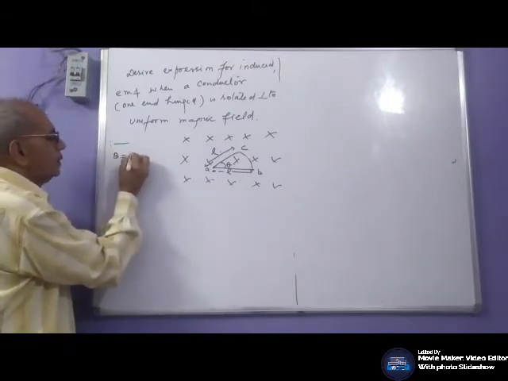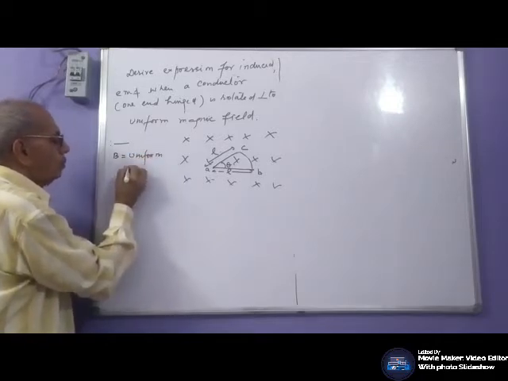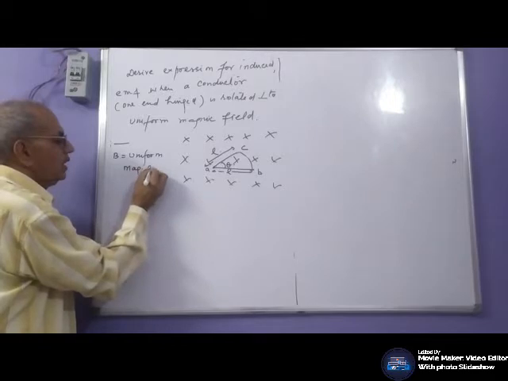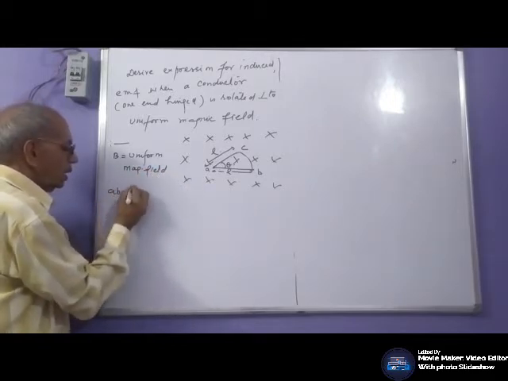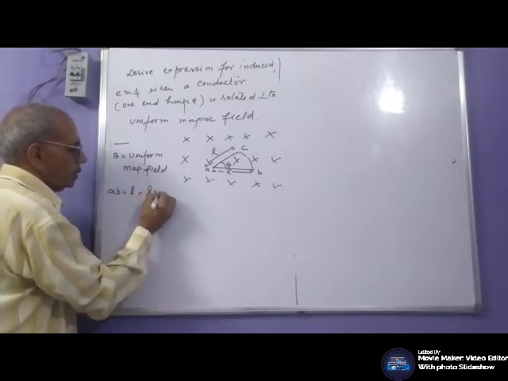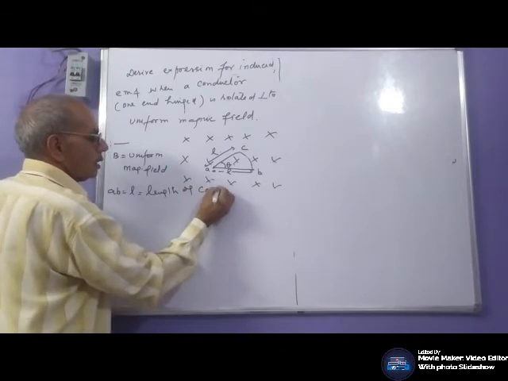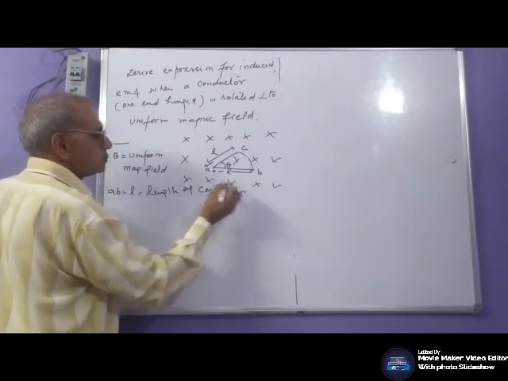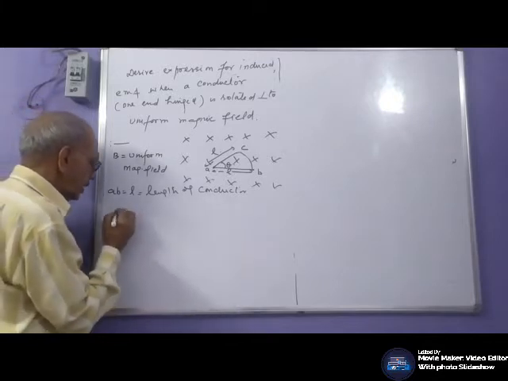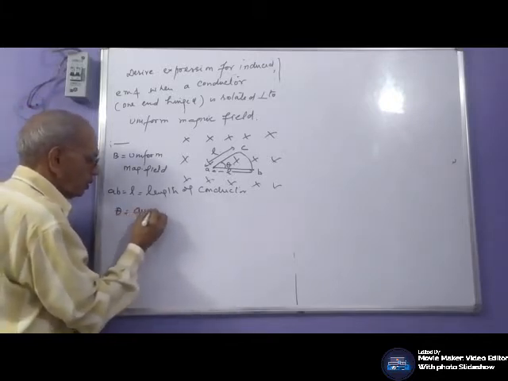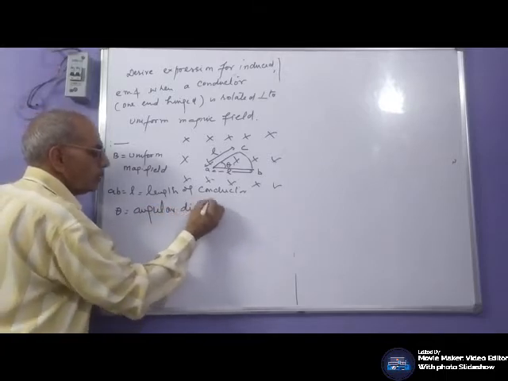B is the uniform magnetic field, AB is L, the length of conductor, and theta is the angular displacement.